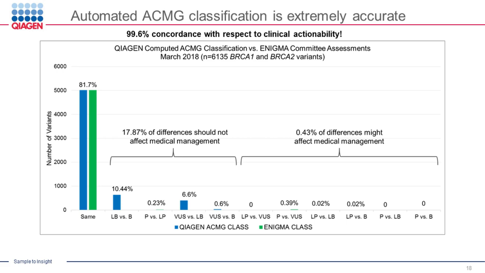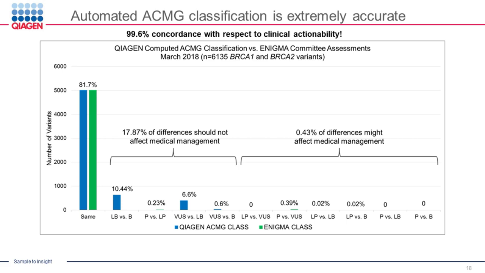As you can see, for example, likely benign versus benign, which shouldn't affect medical management of the patient. So when we take those two together, we can see at the top where I've written 99.6%, there's 99.6% concordance with respect to clinical actionability, which is rather incredible for a computer algorithm.